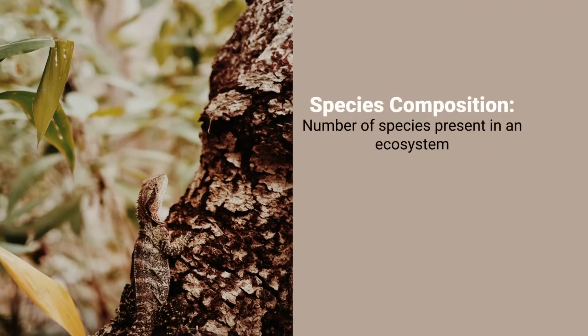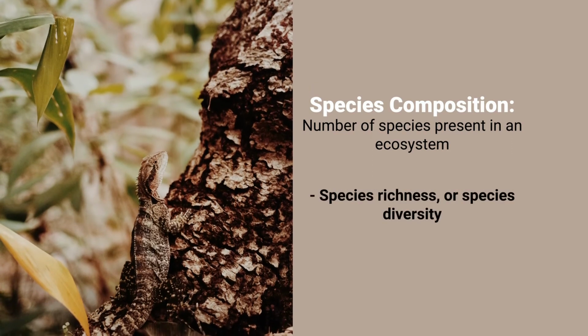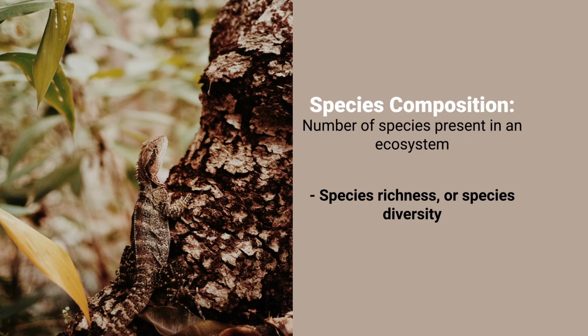So species composition means the number of species present in that ecosystem. This is also called species richness or species diversity. It is proportionate to the productivity and stability of the ecosystem.